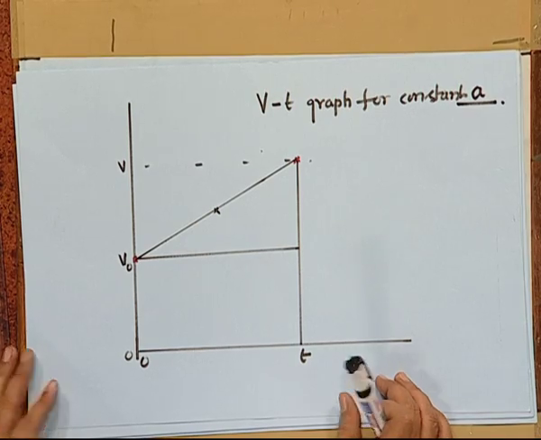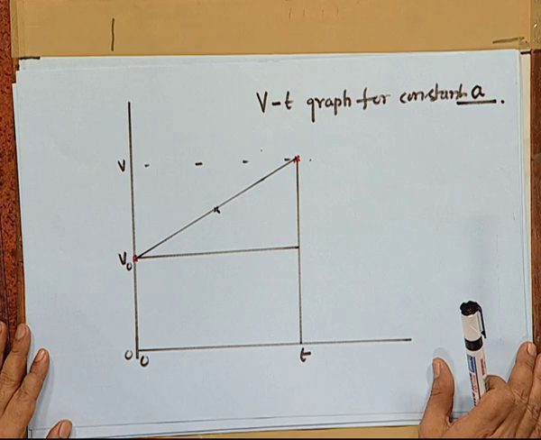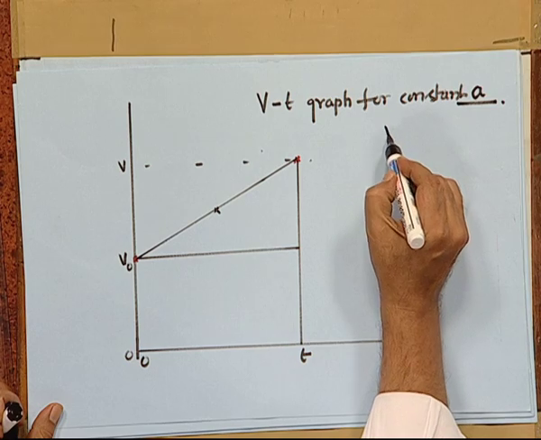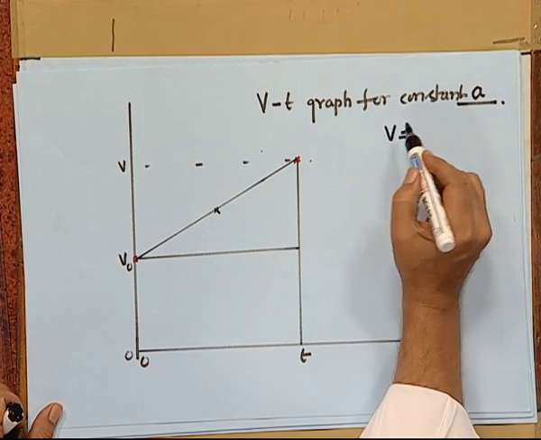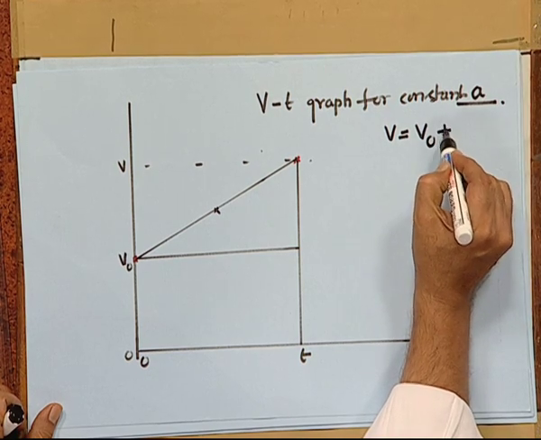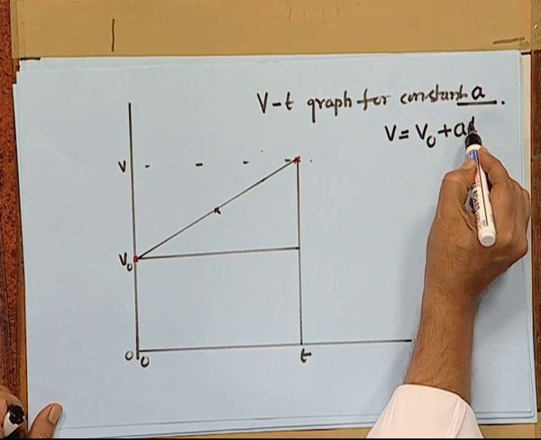Consider the velocity time graph for a constant acceleration case. That is, the acceleration is constant. It means the velocity varies uniformly with time, given by the relationship v equals v0 plus a t, that is, velocity at any time is velocity at zero time plus the acceleration into time.